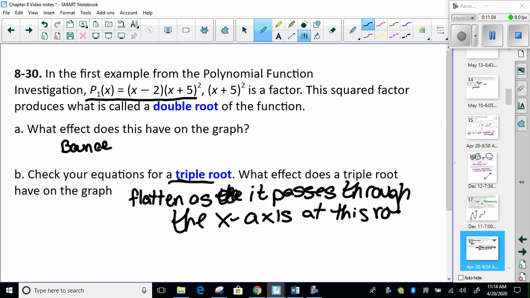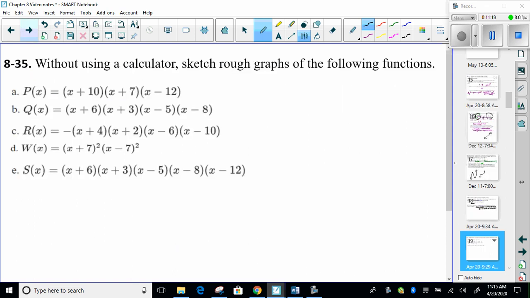So when it's triple roots or 5 times or what have you, it's going to cross through. It's not going to bounce. It's not going to be tangent. It's going to cross through, but it's going to flatten each time that happens. And again, the higher that exponent on there, the flatter it gets.